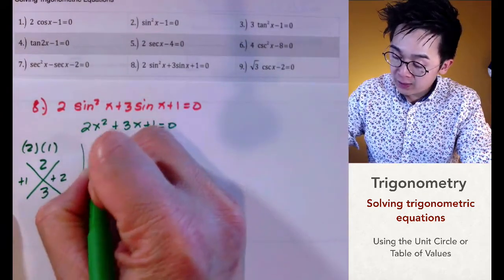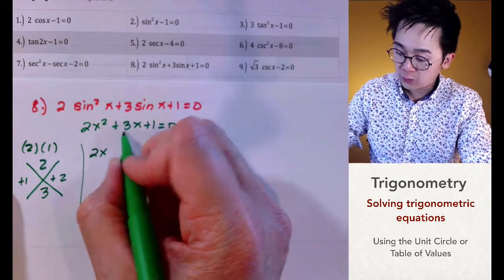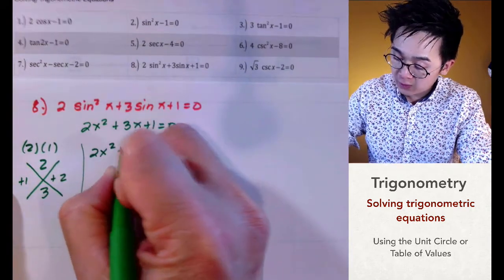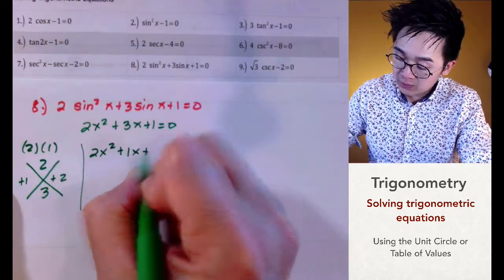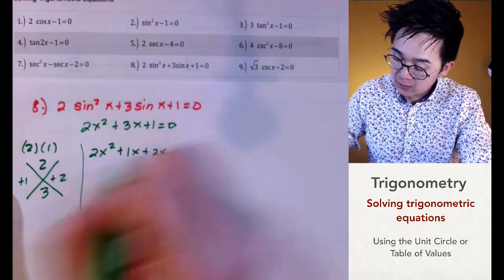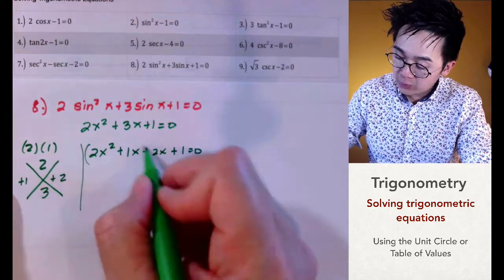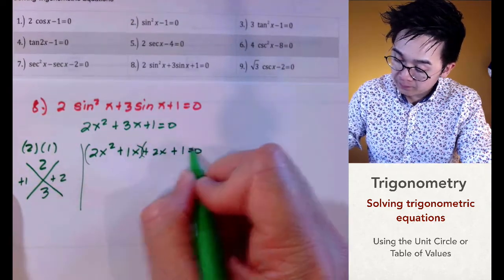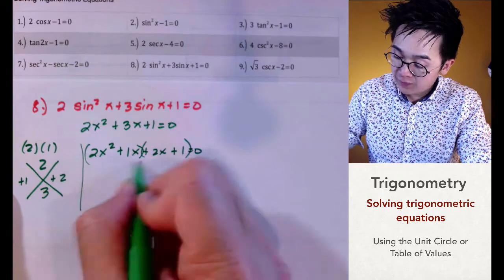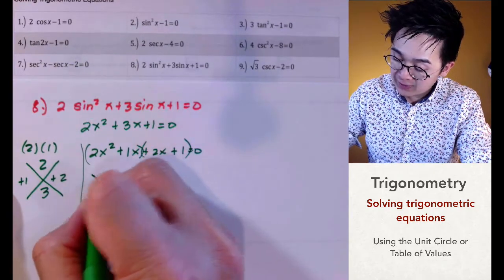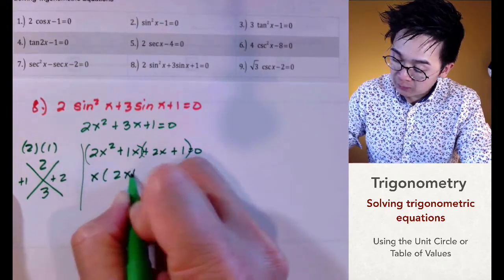So the second part is modifying the quadratic equation into 2x squared plus 1x plus 2x plus 1. And we're going to factor by grouping. So the GCF of the first group is x, so we'll have 2x plus 1.